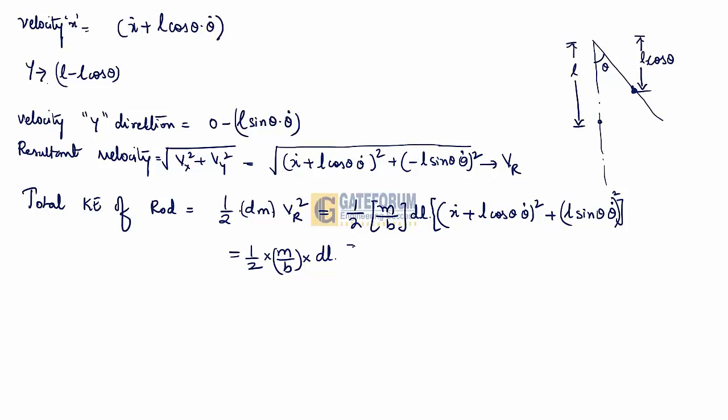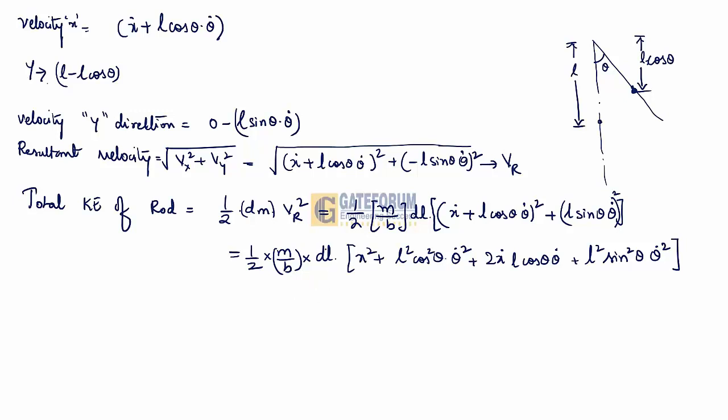Okay, so this will be x square plus L square cos square theta theta dot square, plus 2 into x dot into L cos theta into theta dot, plus L square sine square theta theta dot square. So this will be the simplification.